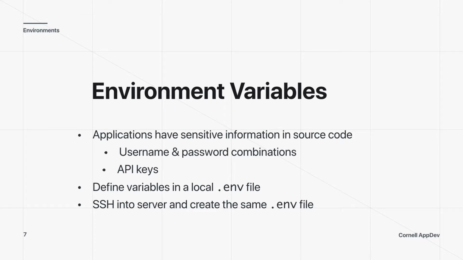So this should be git ignored if you're developing with this. And the same .env file is also created on a remote server that you're hosting your application on, so that whatever you're running on your server, the server also knows to go into that file and take whatever sensitive information is needed to run the application.